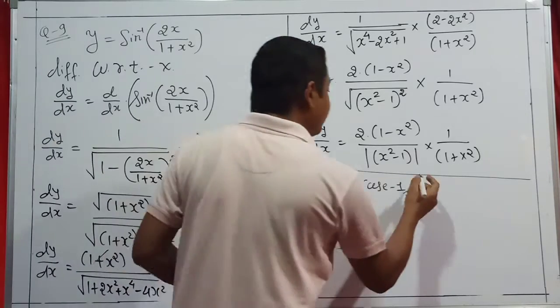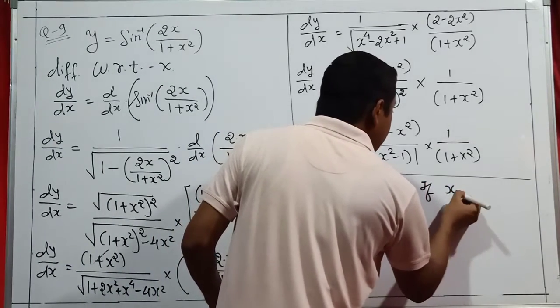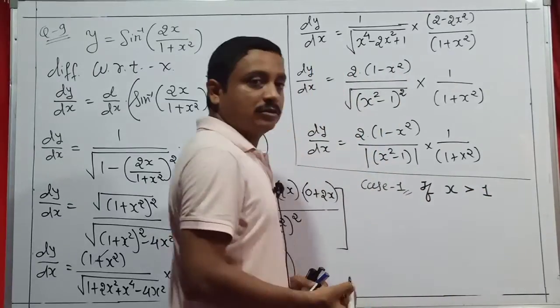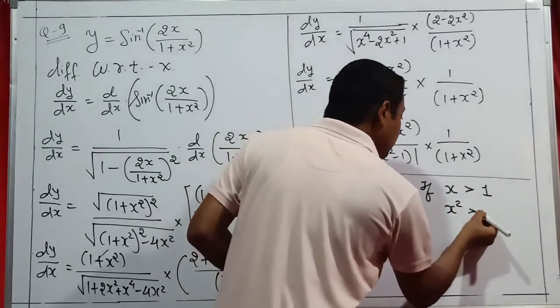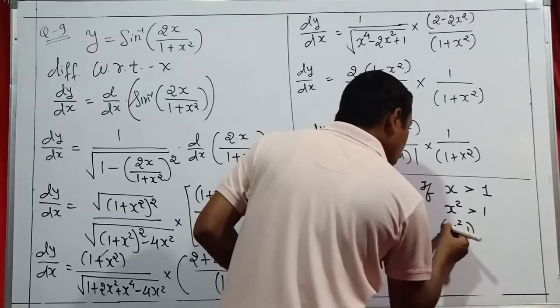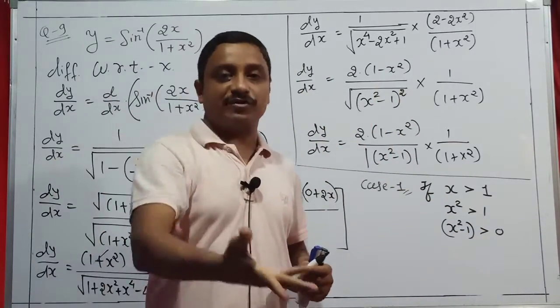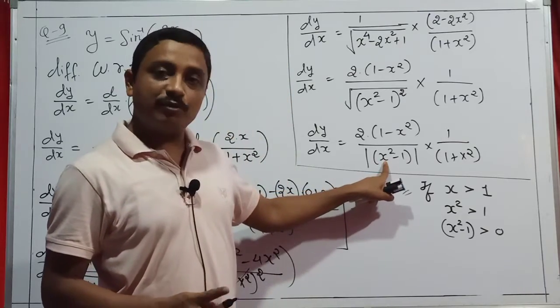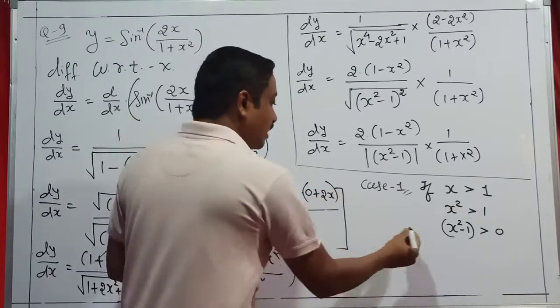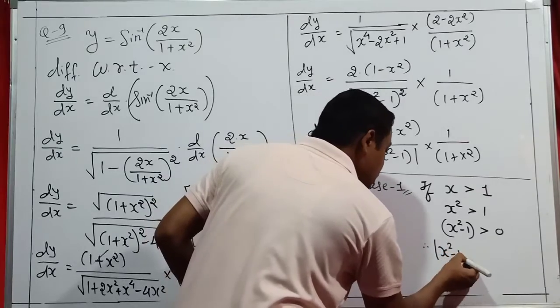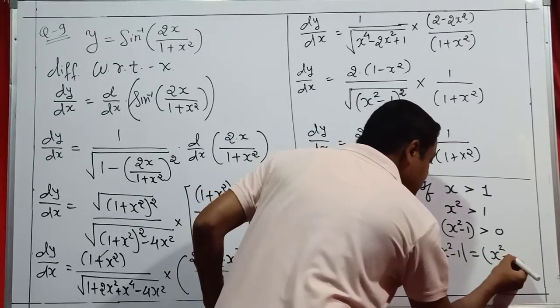Yes, if x more than 1, so x square more than 1, so x square minus 1 more than 0. I just explain the positive side first. So this answer is surely positive. So what you get? Modulus of x square minus 1 is surely x square minus 1.